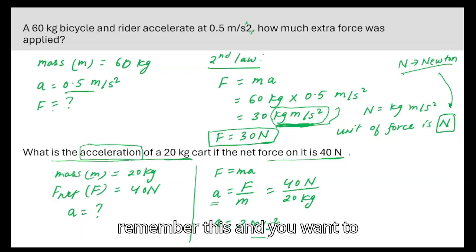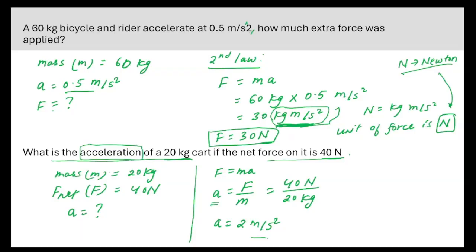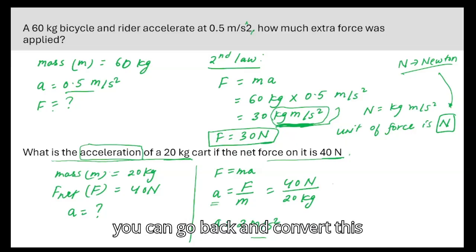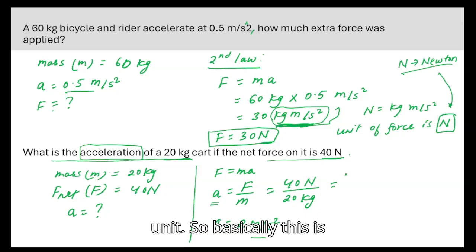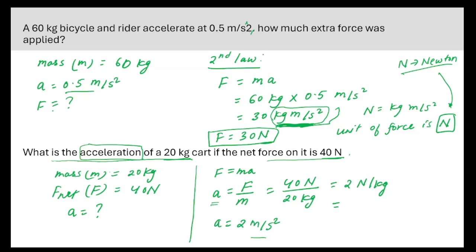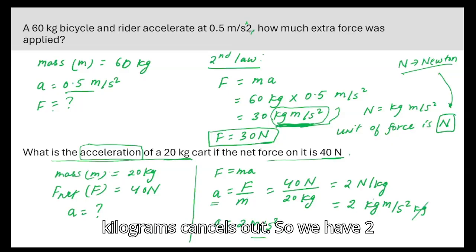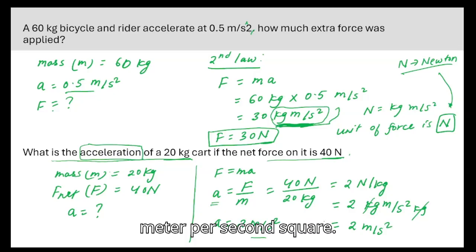However, if you don't remember this and you want to remember the unit of acceleration, then you can go back and convert this unit. So basically this is 2 Newton per kilogram, and Newton is kilogram meter per second square, and we have kilogram here, so kilograms cancel out, so we have 2 meter per second square.